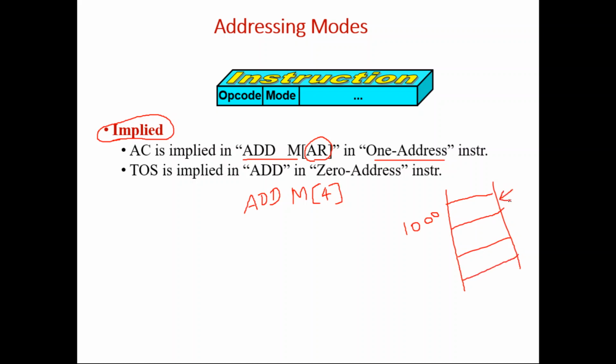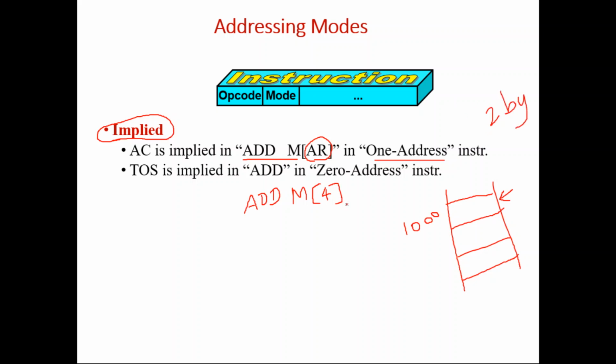If the word size is 1 byte, it will add just 4 with M. If the word size is 2 bytes, even though you give 4 here, one word size is 2 bytes, so in that case it won't add just 4, rather it will add 2 times that. Okay, because here word size is 2 bytes, right?